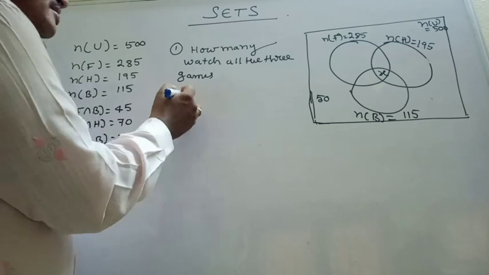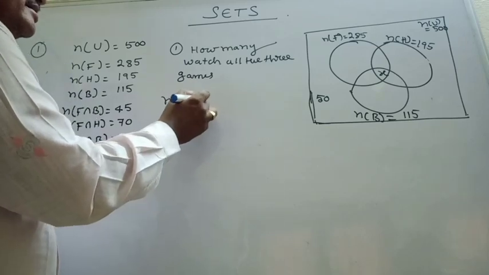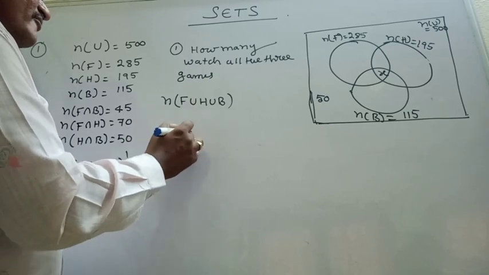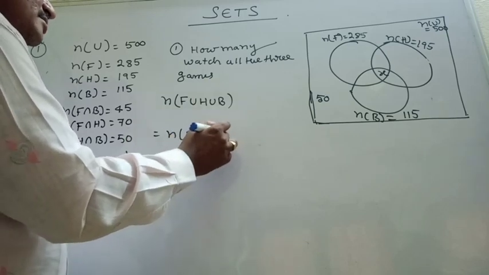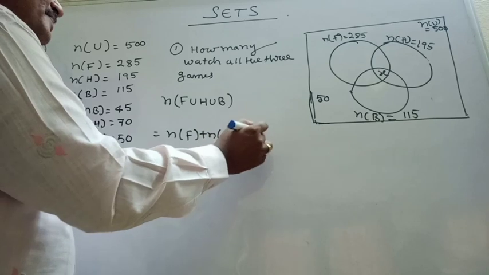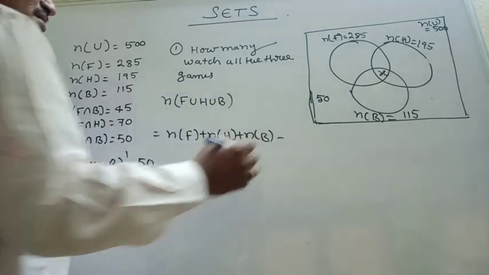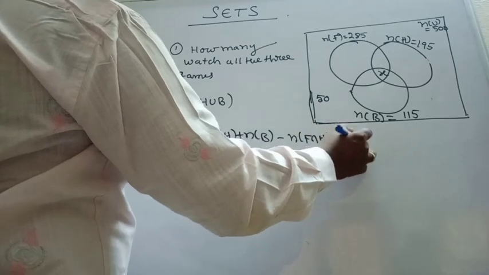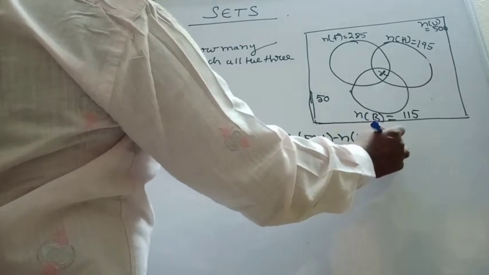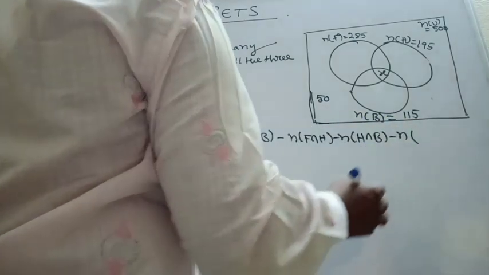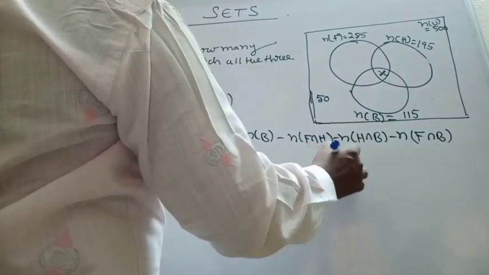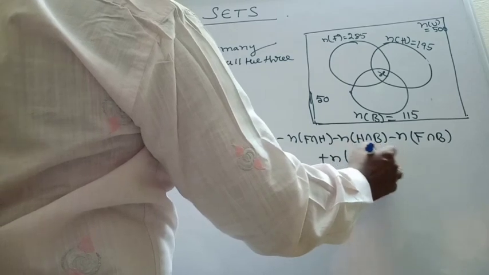Now, let us take f union h union b. This is equal to n of f plus n of h plus n of b minus n of f intersection h minus n of h intersection b minus n of f intersection b, plus n of f intersection h intersection b.